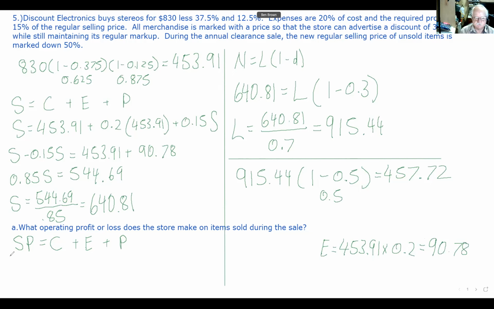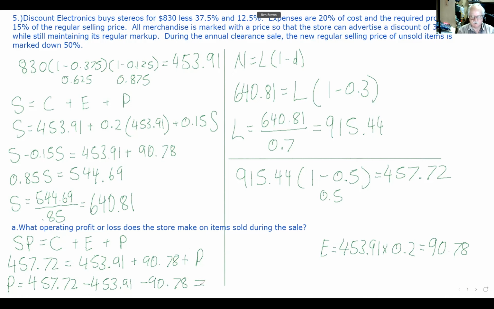The sale price is 457.72 equals the cost of 453.91, expenses of 90.78 plus profit. So when we solve for profit, we're going to end up with 457.72 minus 453.91 minus 90.78.